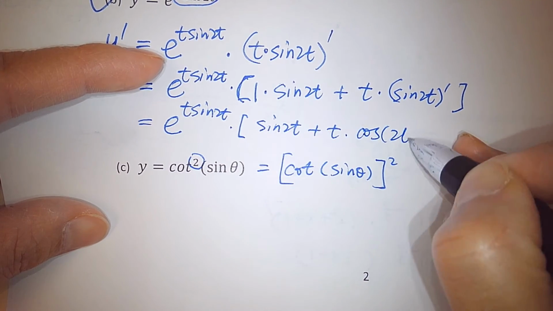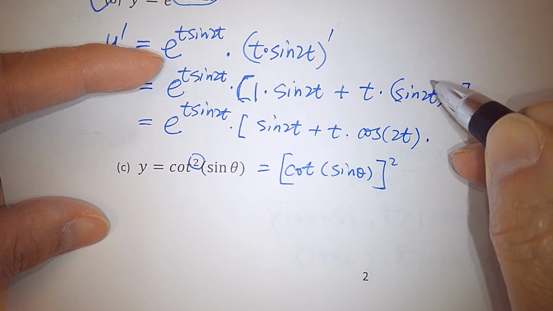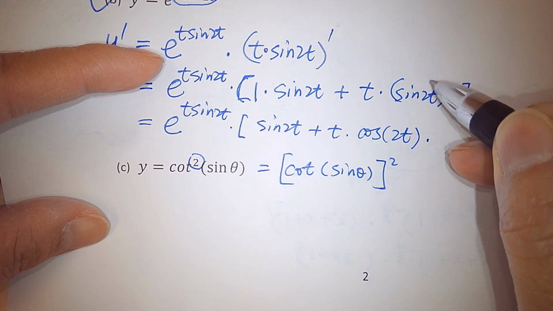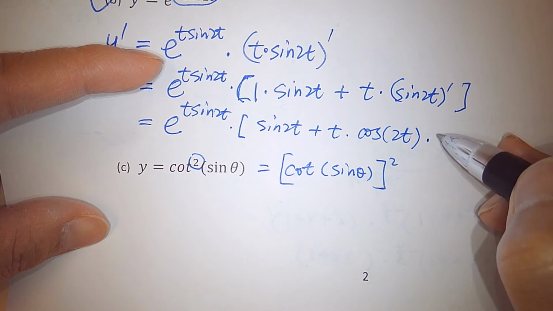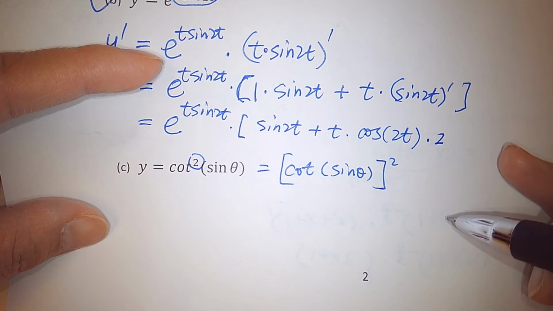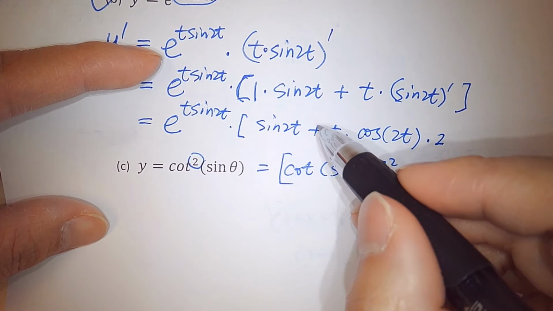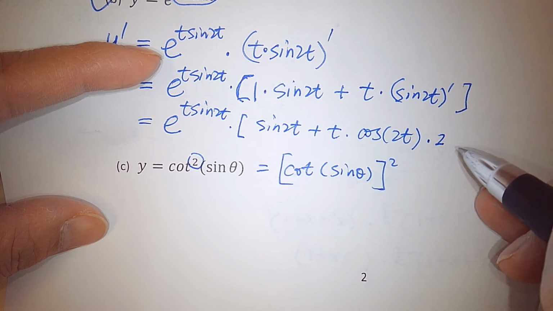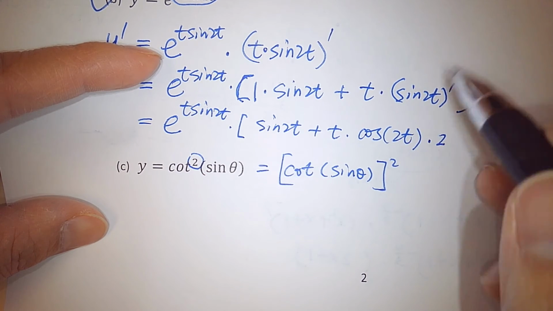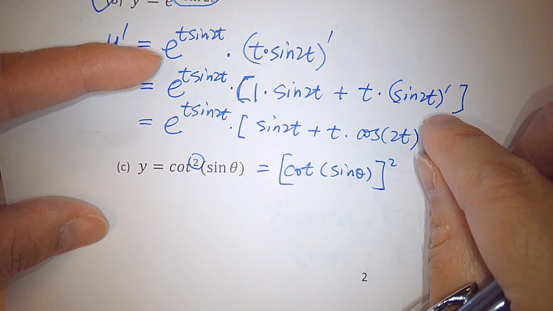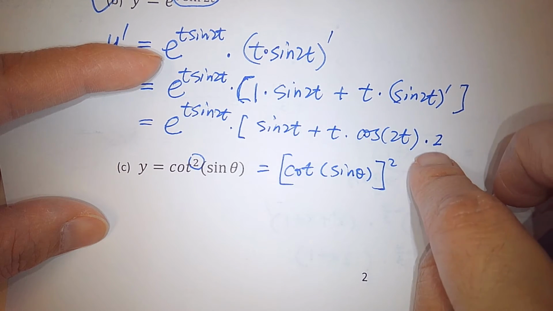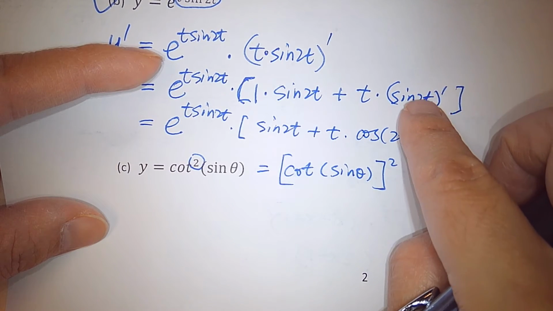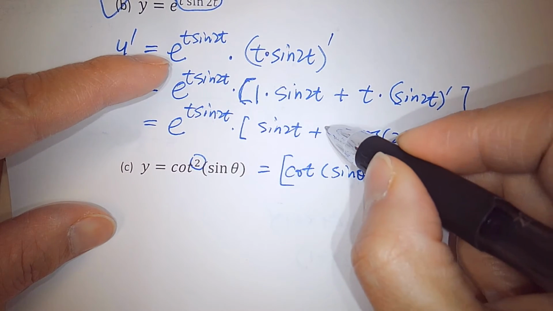Cosine of 2t, and times the derivative of 2t, which is 2. I write this 2 in front because I don't want you to think this is 2t times 2 giving 4t. No, cosine of 2t stays cosine 2t. This 2 comes from the derivative of 2t, so I write it in front.